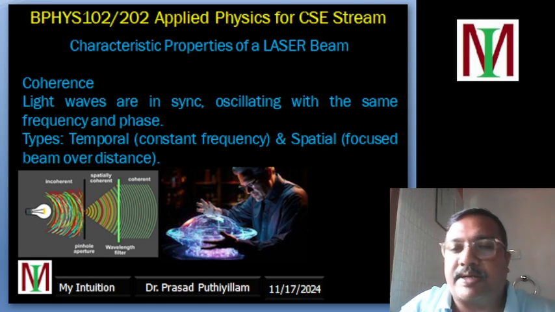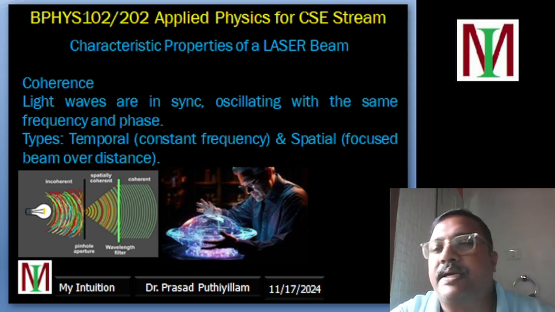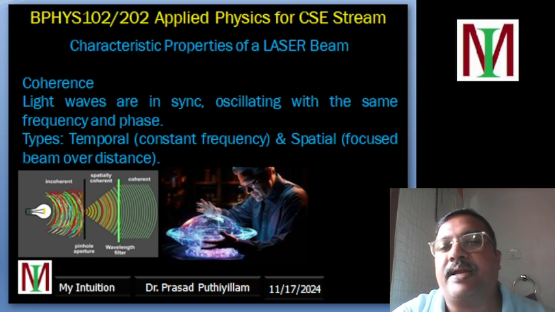In contrast, ordinary light, like an ordinary incandescent light bulb, is incoherent. It means that the light waves are random in both phase and frequency. That is why the light from a bulb spreads out quickly and lacks directionality, whereas because of coherence, laser light has directionality.